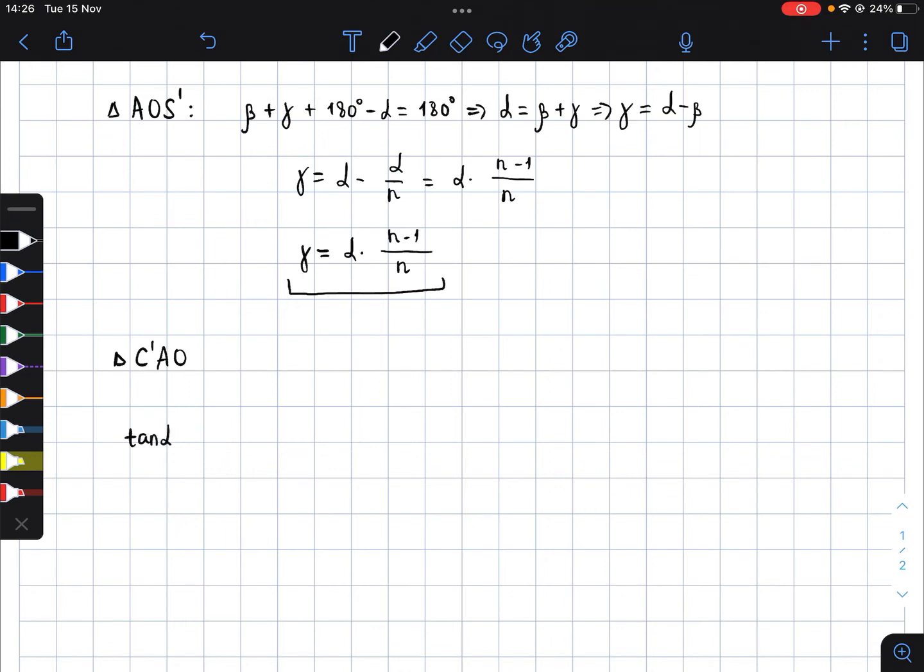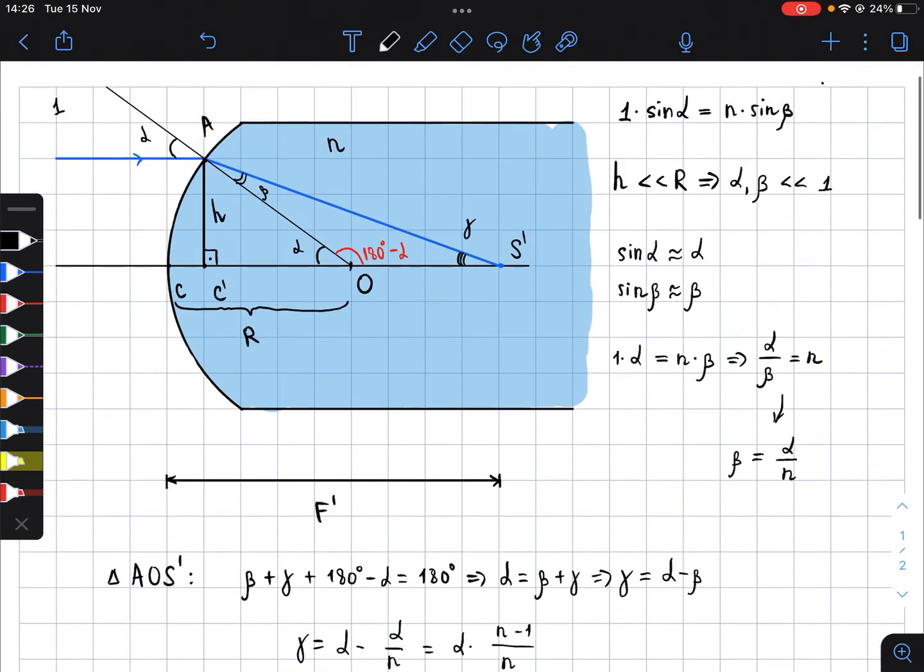Tangent alpha is going to be H divided by C prime O. Or we can say that H is going to be C prime O multiplied by tangent alpha. As we said, these rays are paraxial rays.